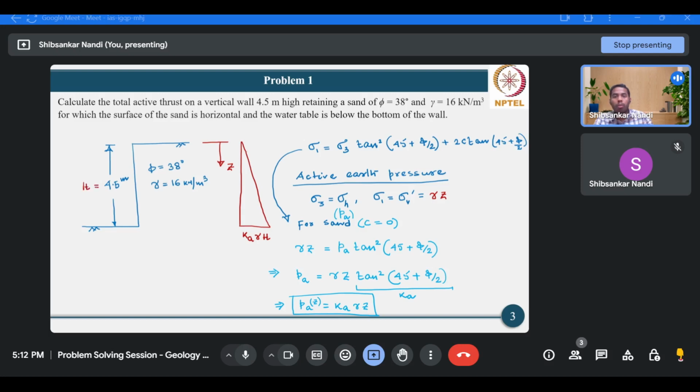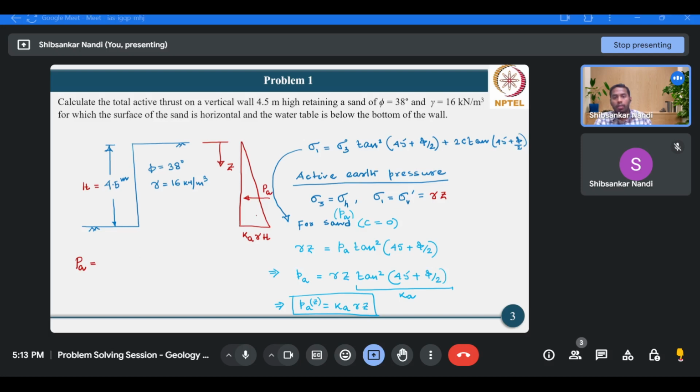So at the top of the wall it will have a value 0. Then it will vary linearly with the height of the wall and reach a value of Ka times gamma H at the base of the wall. From simple geometry, if we try to find the total active thrust, it will be the area of this triangular variation.